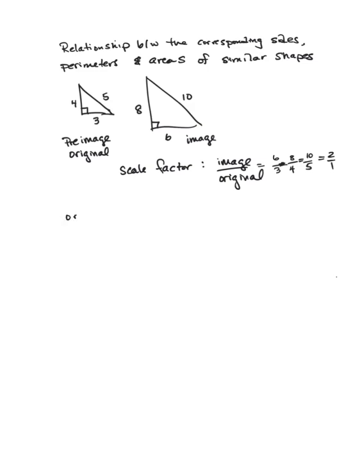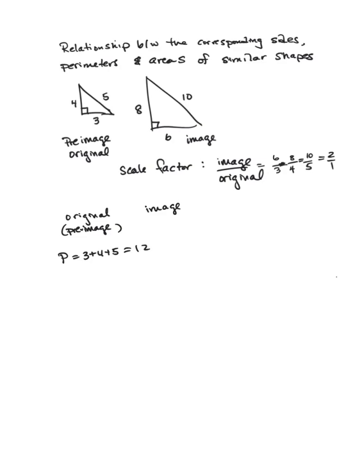So if we look at the original, and we look at the image, and remember, original is the same thing as pre-image, okay? The perimeter is 3 plus 4 plus 5, which is 12.